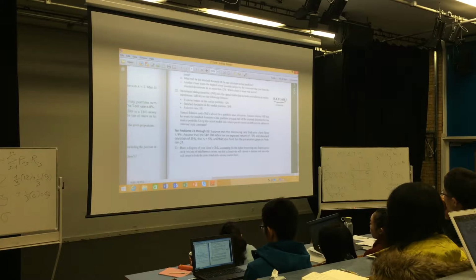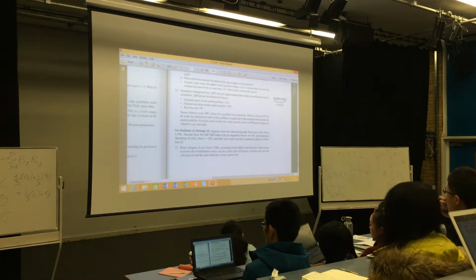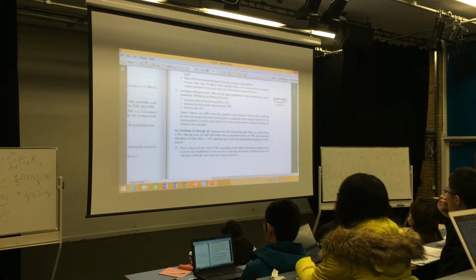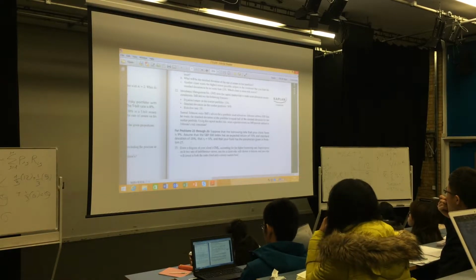Okay, just look at this number here, sorry, forget about the last. Standard & Poor's index, expected return 13%, standard deviation 25%, risk-free rate equal to 5%.